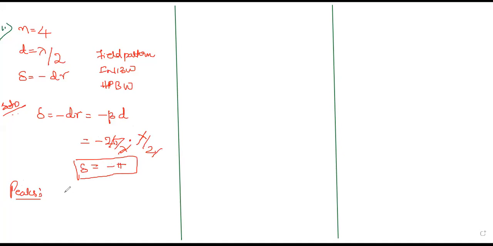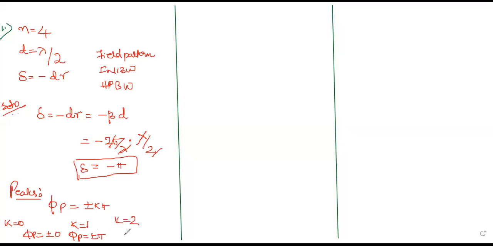The next thing is you are going to find the peak direction. Now we know the formula of peaks in case of end fire array. It is phi p is equal to plus or minus k pi. Again, like similar cases, you are going to substitute k is equal to 0, 1, 2. If you substitute k is equal to 0, phi p you will get as plus or minus 0. Similarly, k is equal to 1, phi p is plus or minus pi.